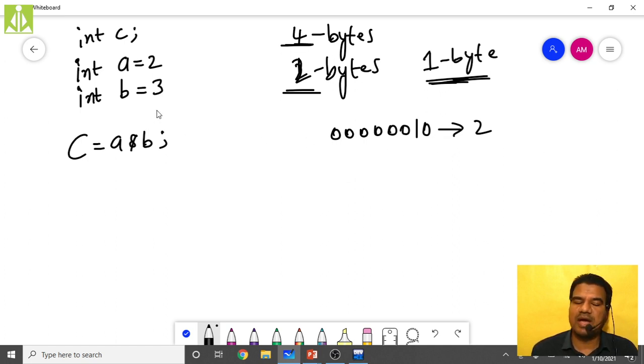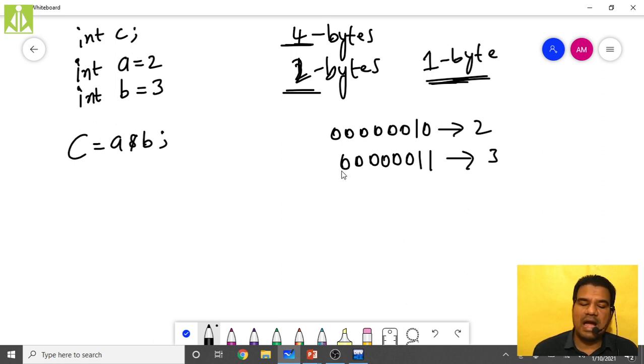Then we also have 3. What is the binary equivalent for 3? 1 1. So how can we store it in 8 bits? Add 6 zeros before 1 1. This is the binary equivalent of 3: 0 0 0 0 0 0 1 1.